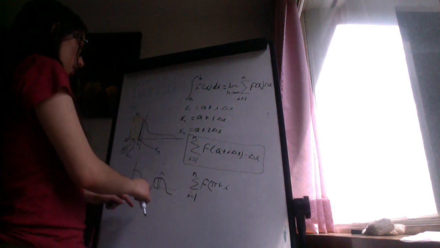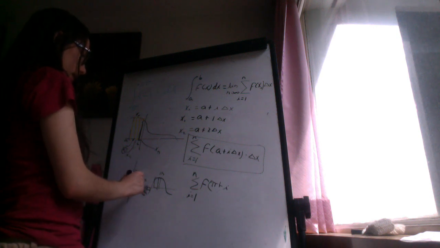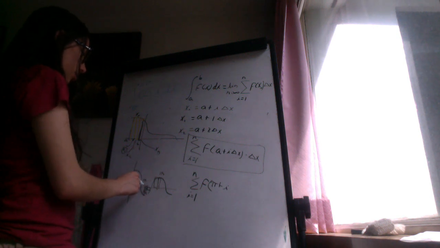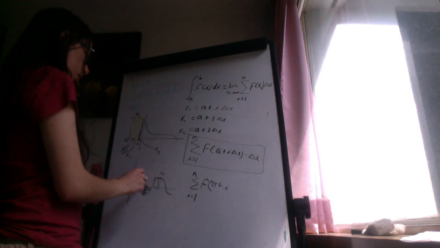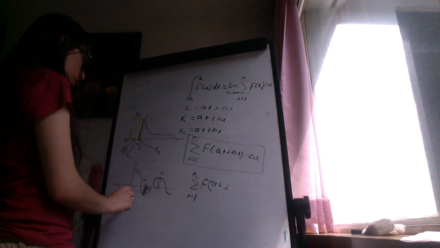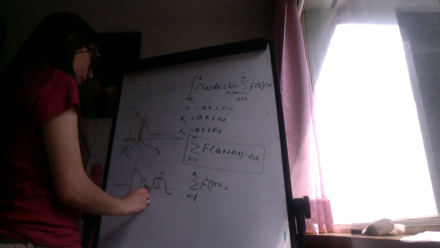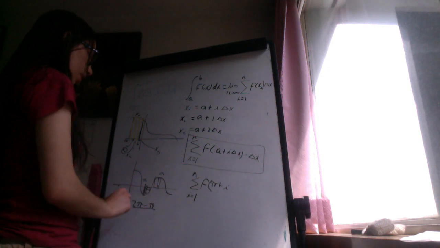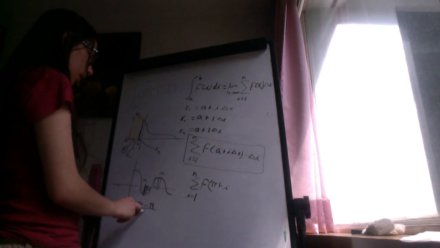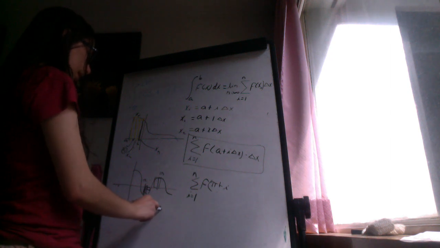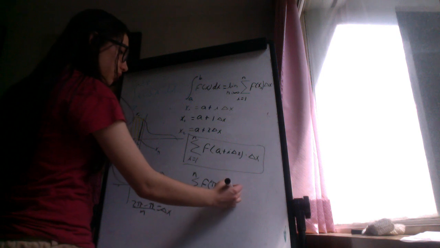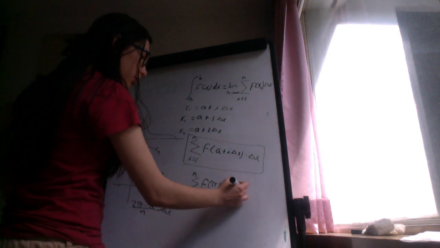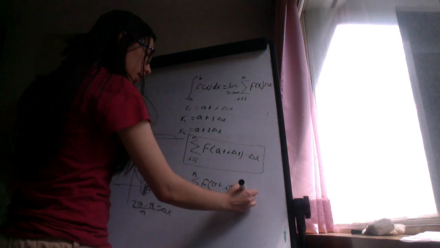Delta x is the width of each rectangle. So the width of all the rectangles together is from pi to 2 pi, that is 2 pi minus pi, and we divide this by the number of rectangles, n. So our delta x is pi over n, times delta x.